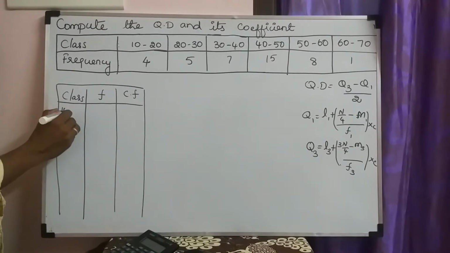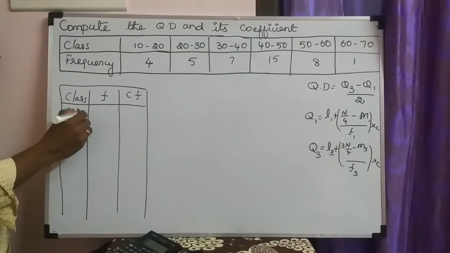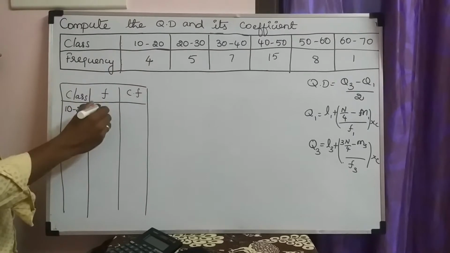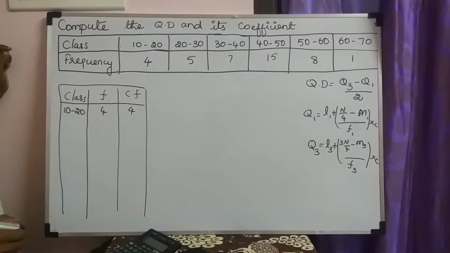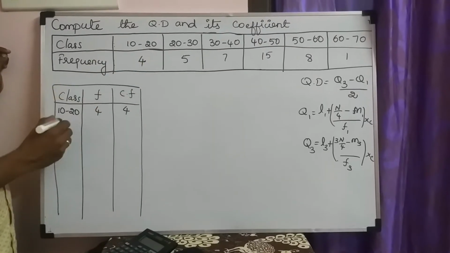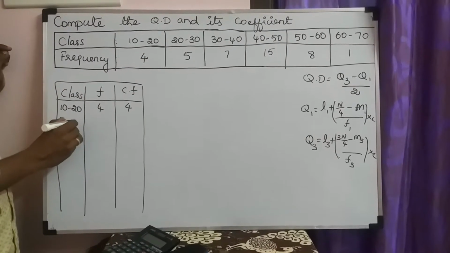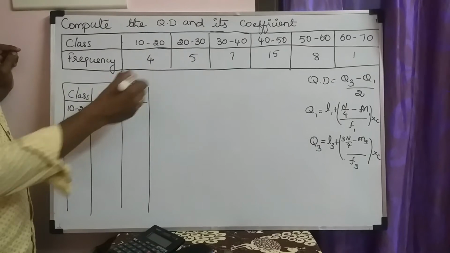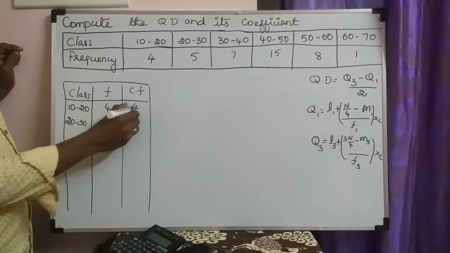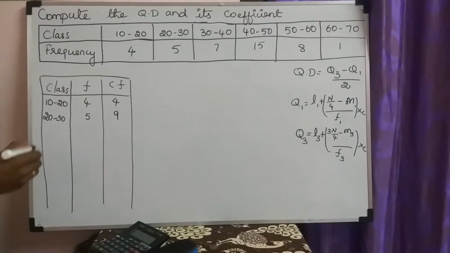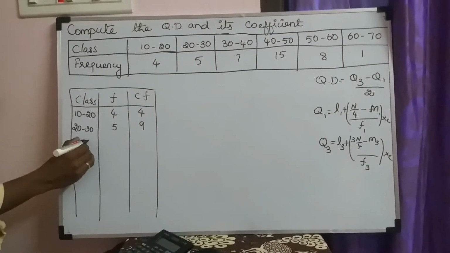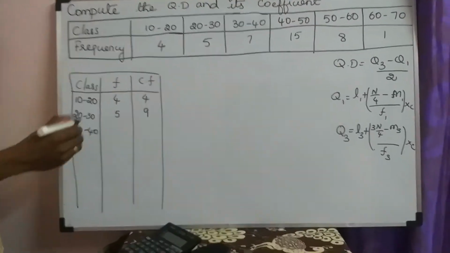First interval is 10 to 20, whose corresponding frequency is 4. So write that CF as it is. And the second class interval is 20 to 30, whose corresponding value is 5. And now add 4 and 5, which is 9.